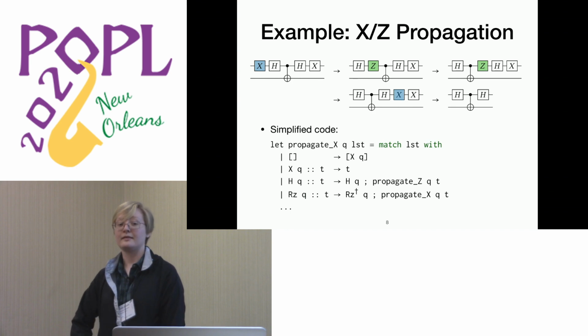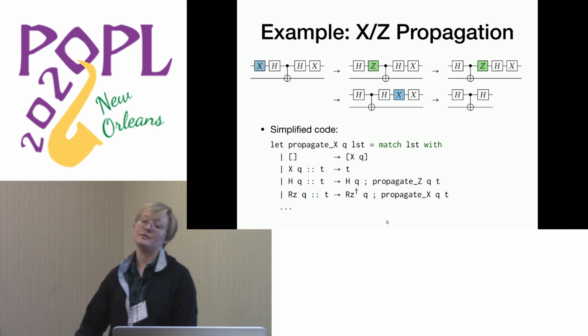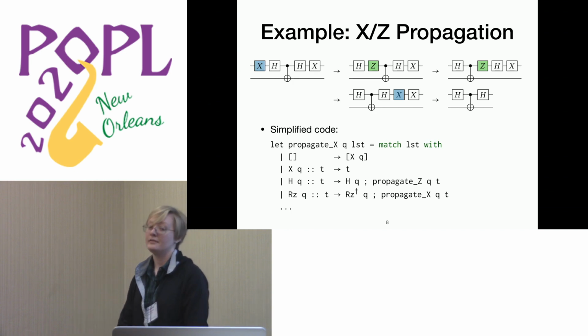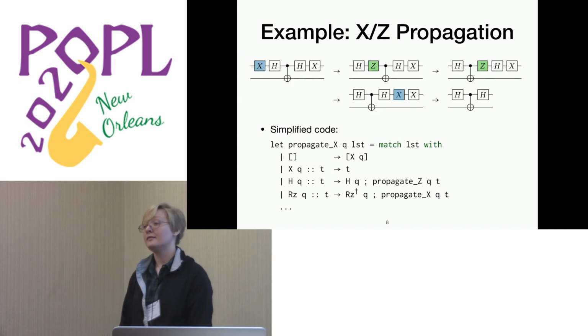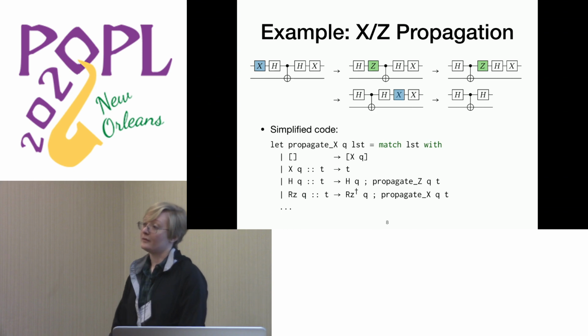I can apply a series of equivalences here to commute the gate right to become a Z gate. Then I can commute the Z gate through the control of the CNOT. Then I can commute the Z gate again through an H gate to become an X. And now there's 2 adjacent X gates, which cancel each other out. So what I end up with is this program in the lower right that is equivalent to the program I started with, but uses fewer gates.